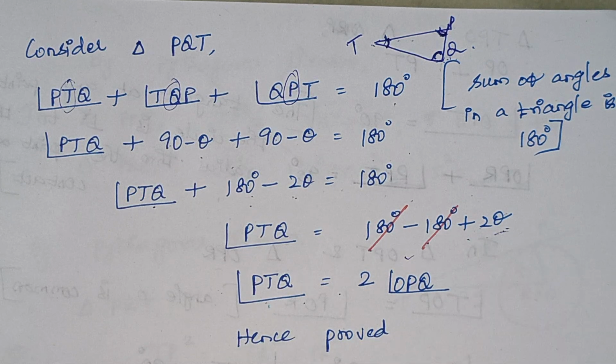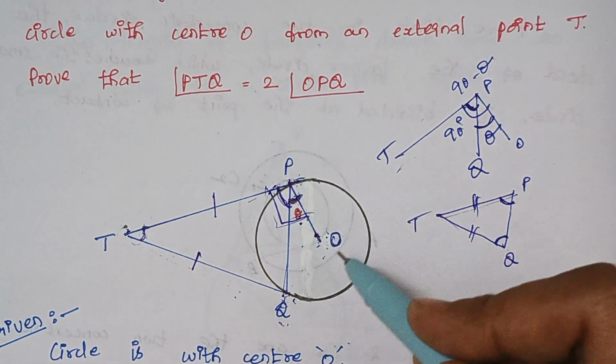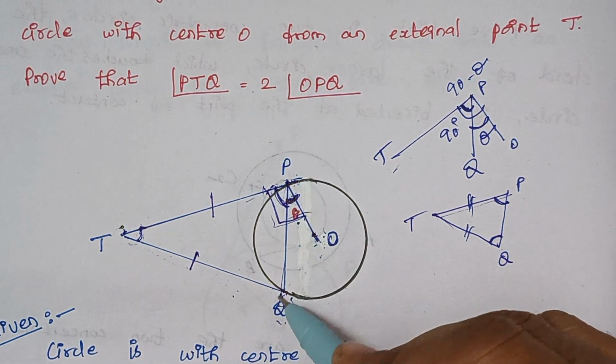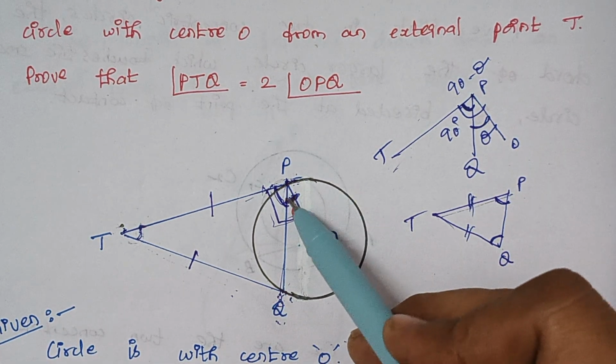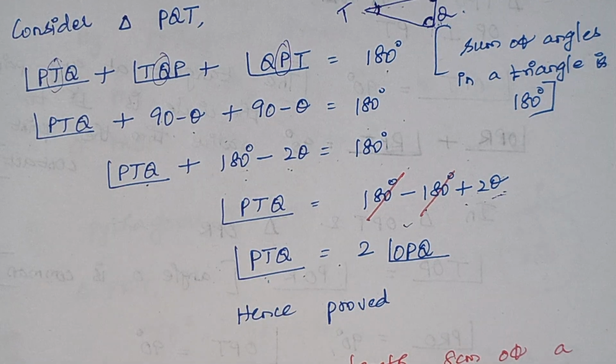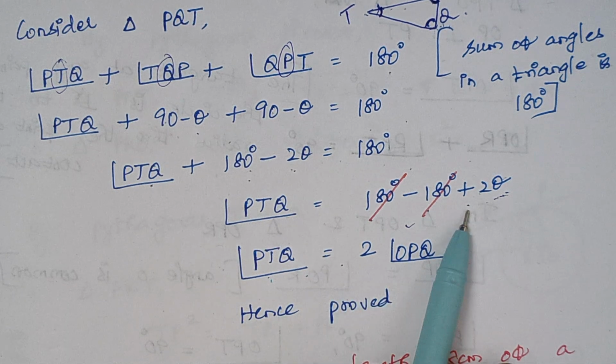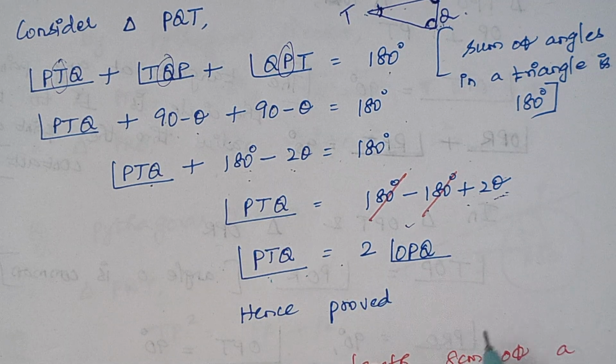What is theta? Again we have to look back at the diagram. Theta is nothing but OPQ, because this is theta here. So finally we have proved PTQ is equal to 2 times theta, which is OPQ. Here it is proved.